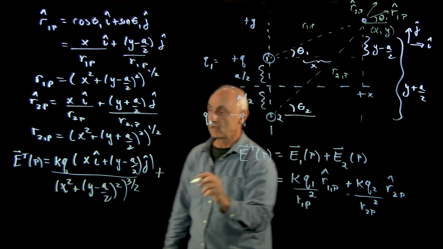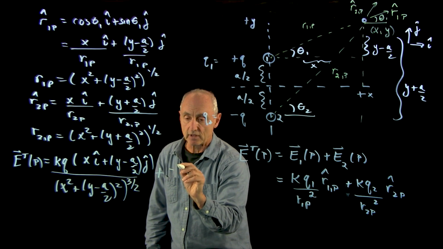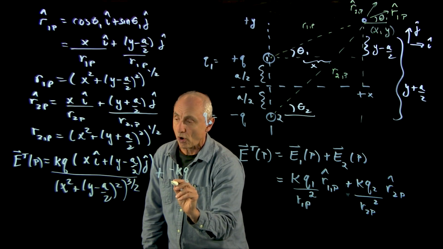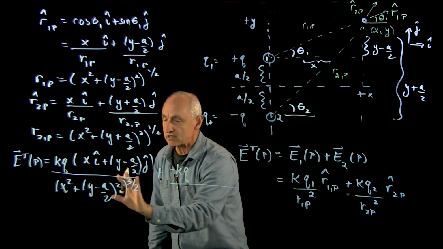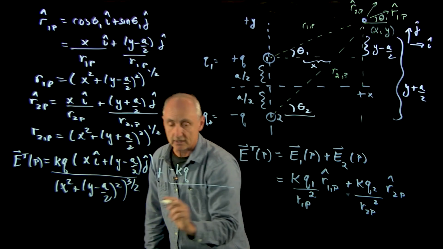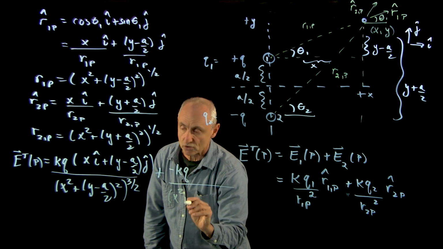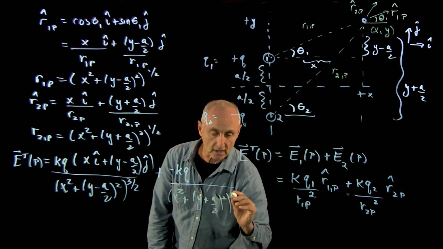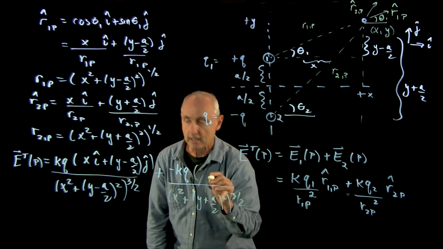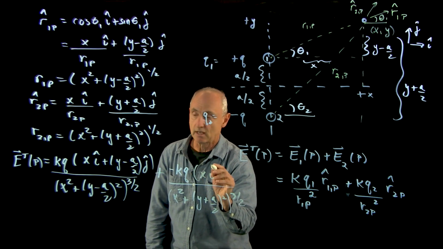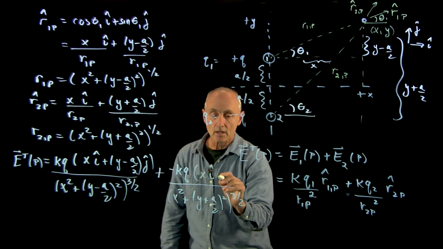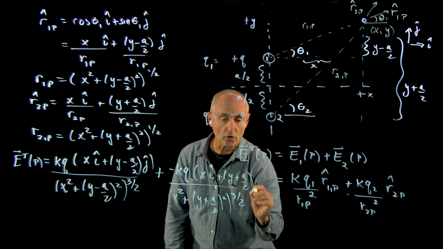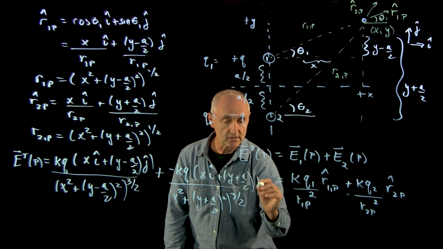And now we have to add in the other term. Q2 is negative. So we have a negative kQ over, and everything is the same except for this sign here. So we have x squared plus y plus a over 2 squared, again to the 3/2 power, and the vector x i hat plus y plus a over 2 j hat.